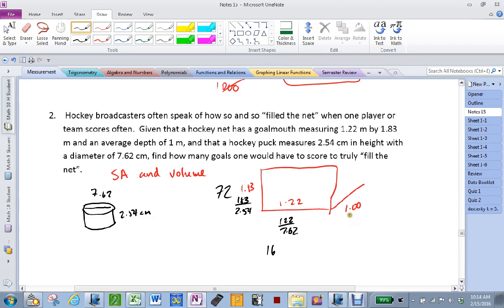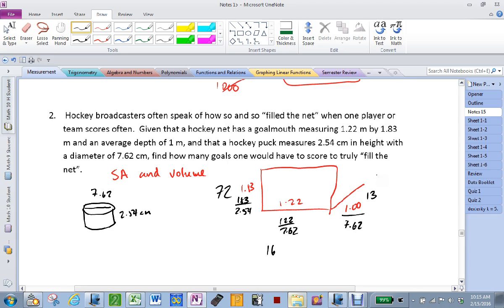How many over here? 15. 100 divided by 7.62. It's got to be diameter, yeah? 13.12. So how many pucks? 13. So now you have a block of pucks that is 72 by 16 by 13, yeah?